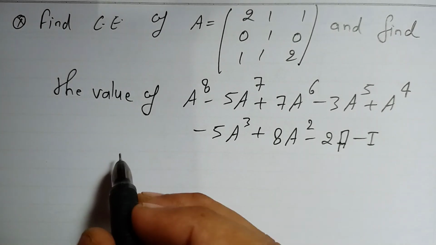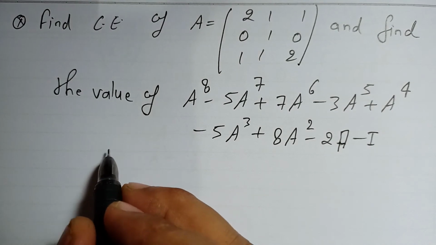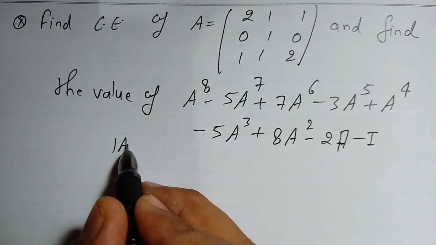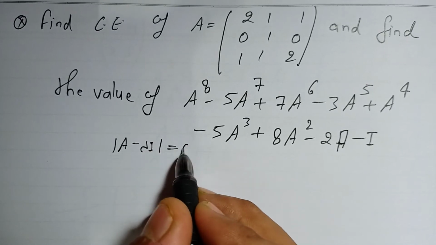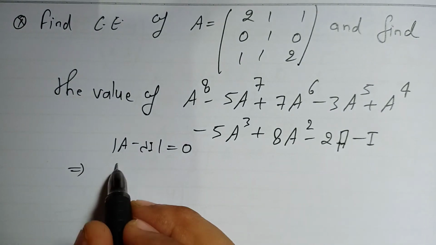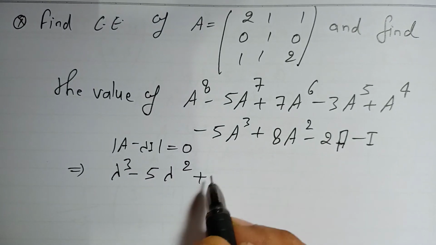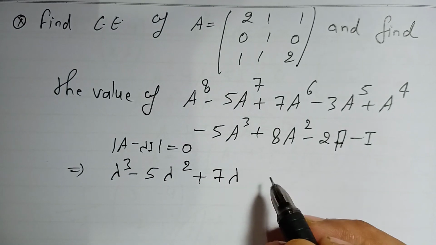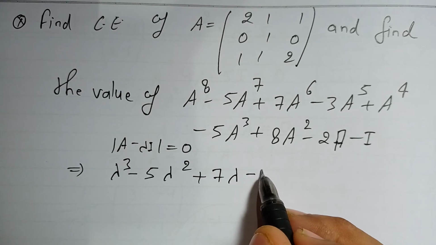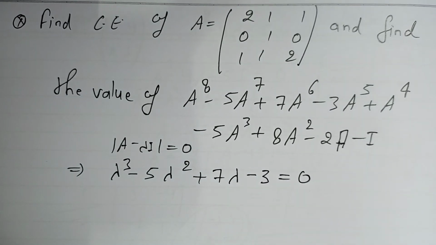So first we write the characteristic equation of the given matrix. So determinant of A minus lambda I equal to 0. That will be lambda cube minus 5 lambda square plus 7 lambda minus 3 equal to 0.